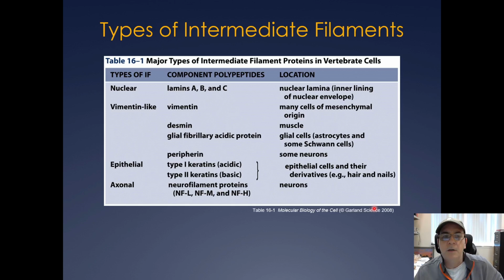Here's a little table of all of the different intermediate filaments. You have your nuclear lamins, and then you have some in the cytosol like desmin and vimentin, and then some ones you really should probably know are the keratins. Okay, and these happen in epithelial cells, and these are actually one of the most abundant proteins in our skin cells, believe it or not.